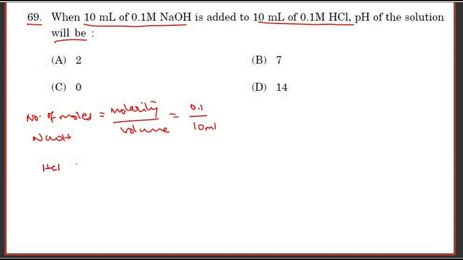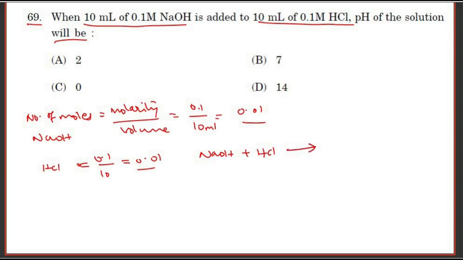For HCl, the number of moles is also 0.1 and 10 ml, equal to 0.01. Hence, the number of moles of NaOH is equal to the number of moles of HCl.